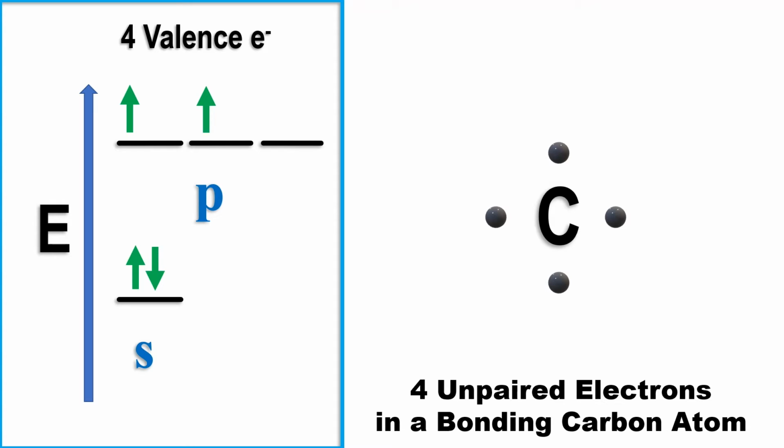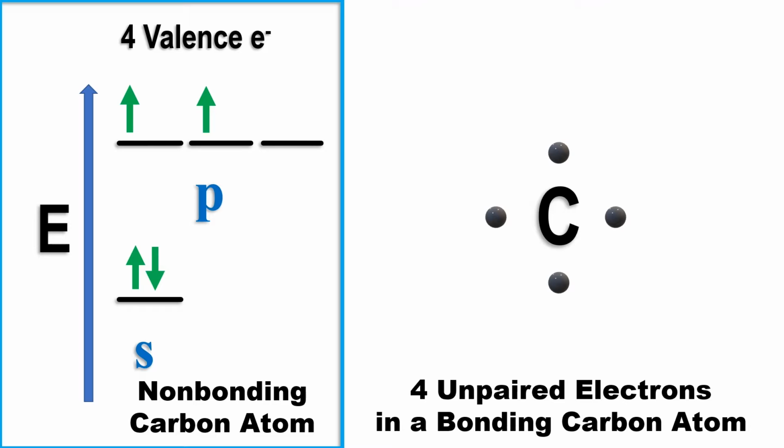But in the electron diagram, there is a pair of electrons in the 2s orbital and 2 unpaired electrons in 2 of the 3 p orbitals. Let's be clear. The diagram is for the ground state non-bonding carbon atom. But now we are studying carbon atoms that are bonding. Thus, this diagram wouldn't apply.